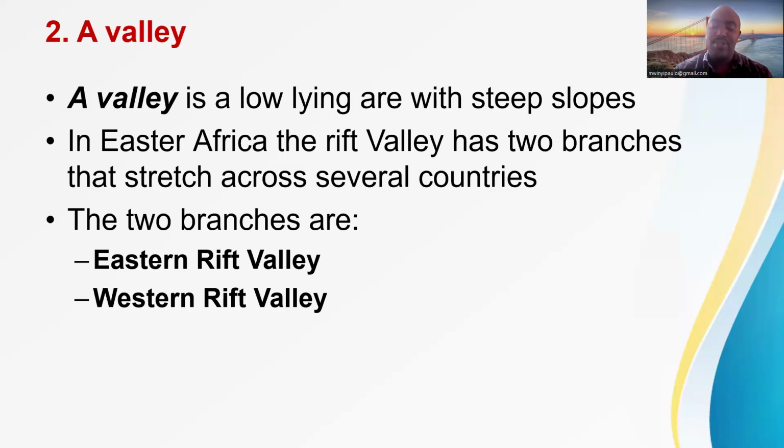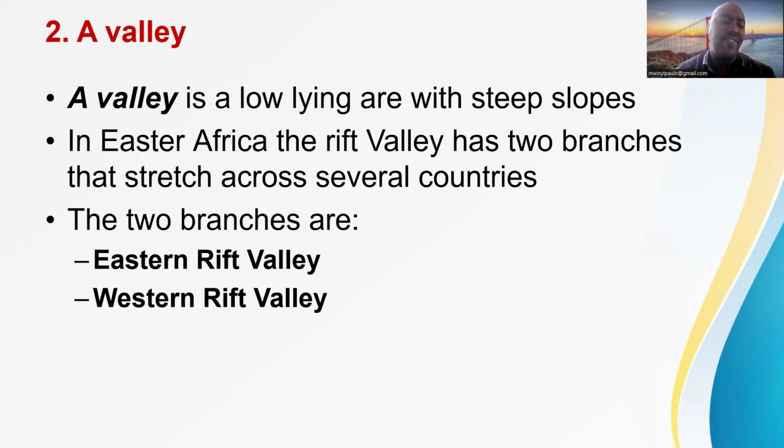The second physical feature found in Eastern Africa is the valley. A valley is a low-lying area that has steep slopes. In Eastern Africa, the Rift Valley has two branches that stretch across several countries.